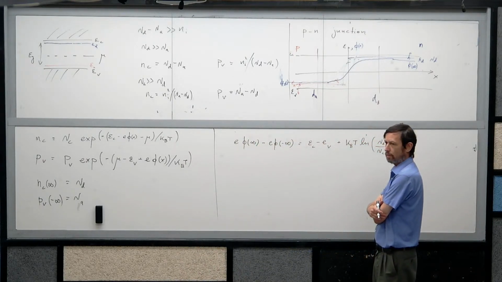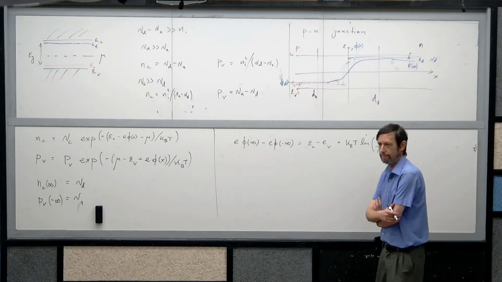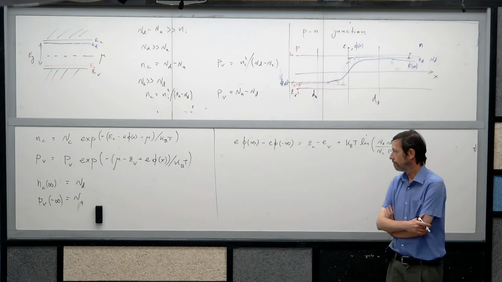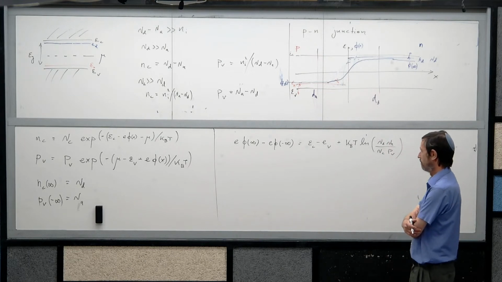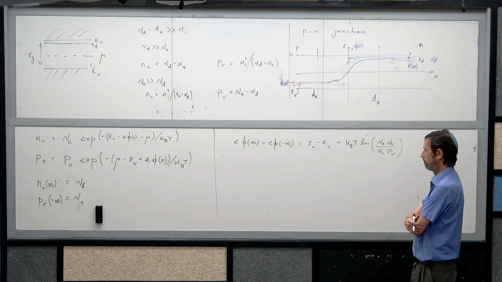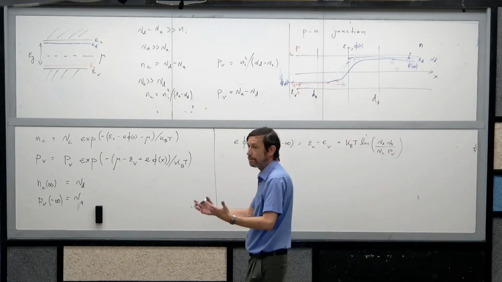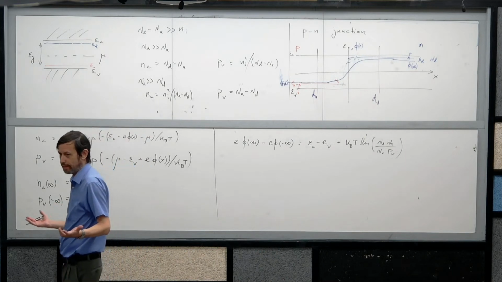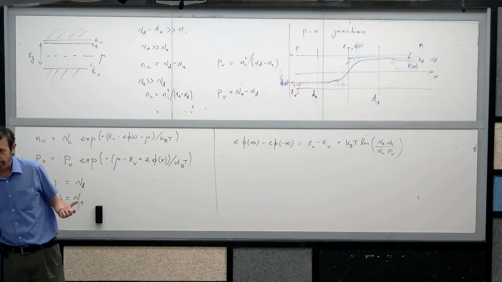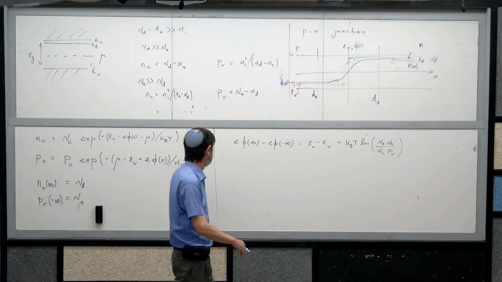How did I do it? Divided the equation, then took the log on both sides. Exactly. And since mu is defined the same way all over the system, it's the same.